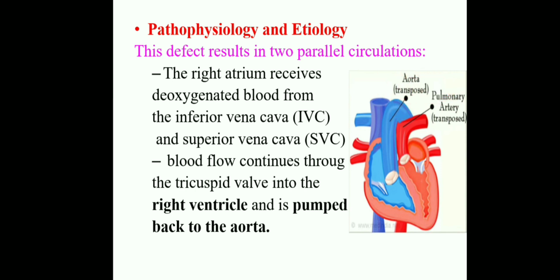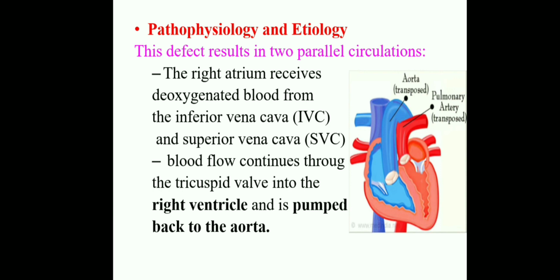That is the normal process. The right atrium receives the deoxygenated blood through the inferior vena cava and superior vena cava, and the blood flows through the tricuspid valve into the right ventricle.